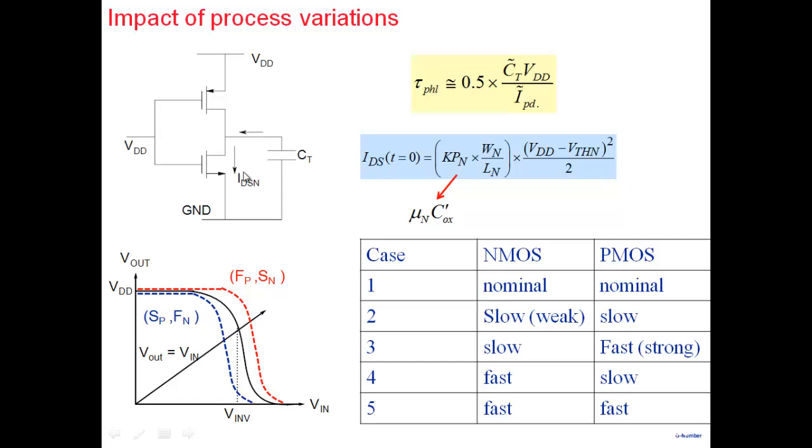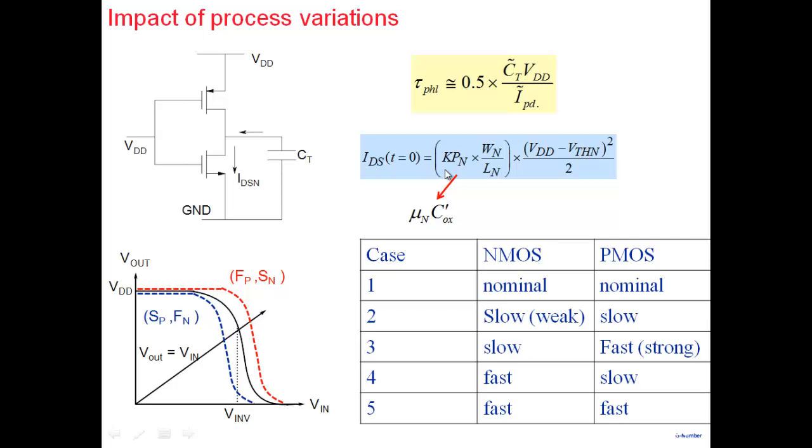We were looking at the inverter delay, and also we were noting the impact of process variations, which result in KPN not having a definite value but lying within a range, and similarly, the threshold voltage is not a single value, but again lies within a range.